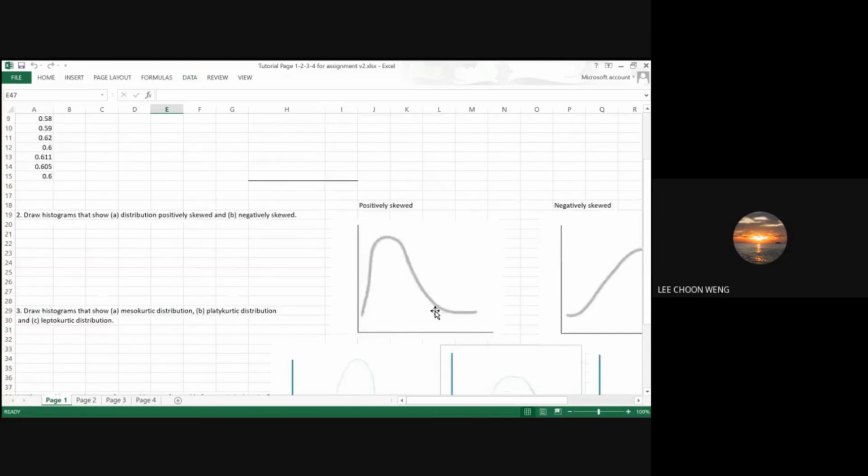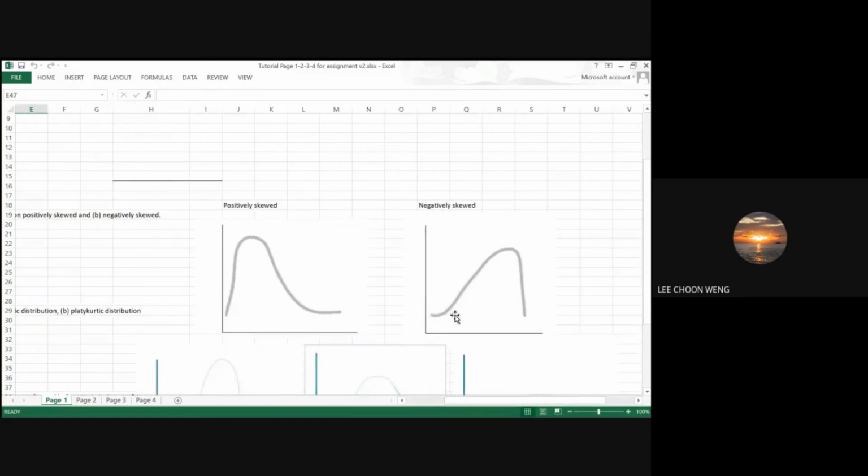So this is a histogram showing positively skewed, where the tail is at the higher end, and negatively skewed, where the tail is at the lower end.